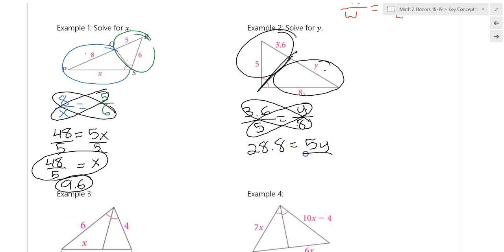I'm going to divide both sides by 5. And you get 5.76. I also use a calculator for that one, but I trust you know how to divide in a calculator. And I would really just give the decimal here because there's already a decimal in our work. Here we give fractions because there's no decimal in our work. Really, I accept either one.